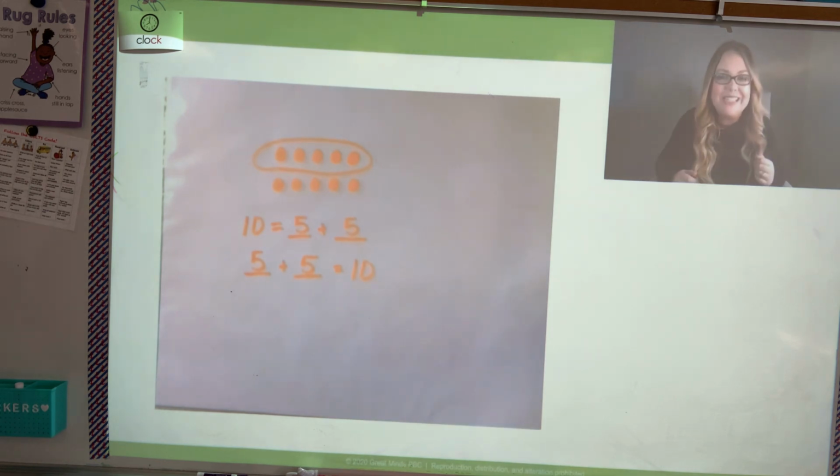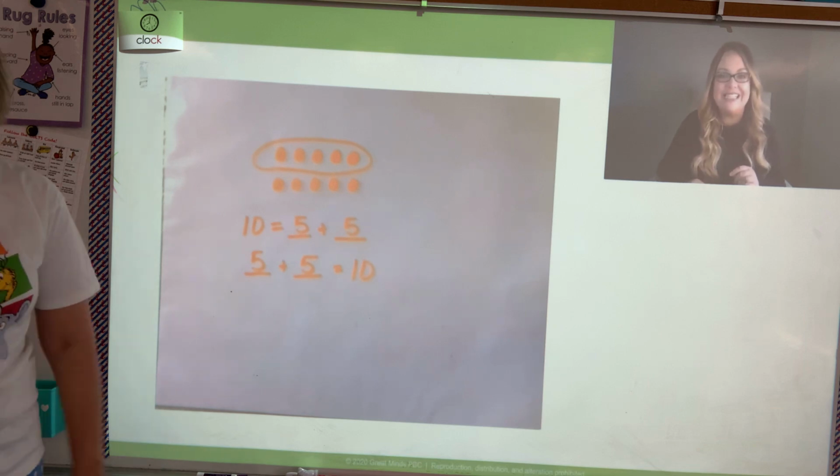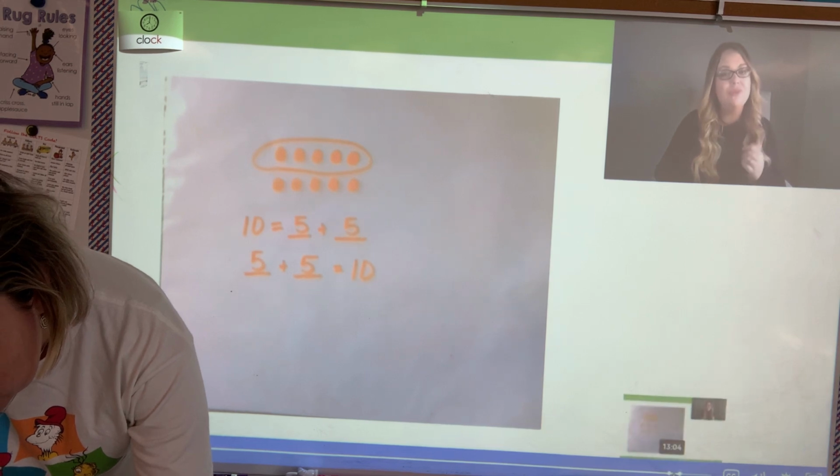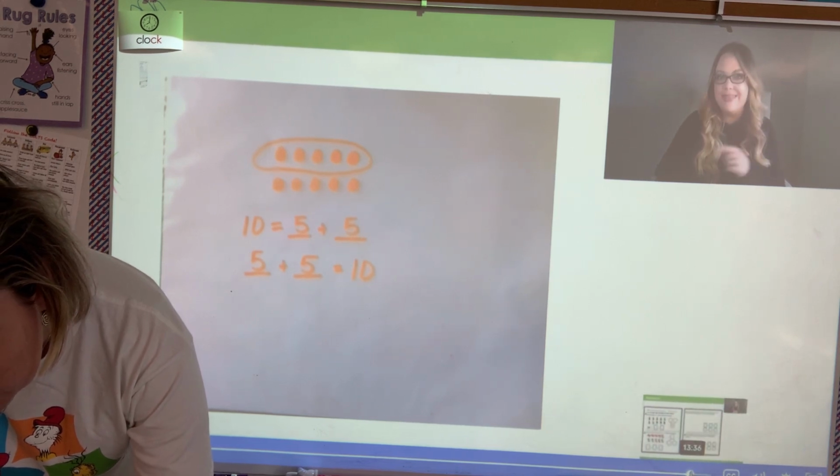Are both number sentences correct? Yes. Now I want you to continue making 10 dots the 5 group way, circling some of your dots, and writing 2 number sentences to match your drawing. So push pause, do that a couple of times.